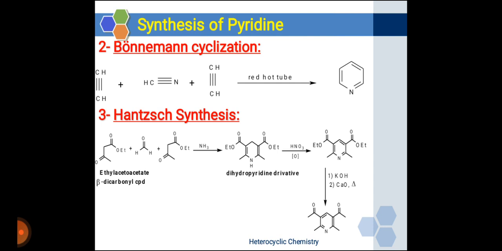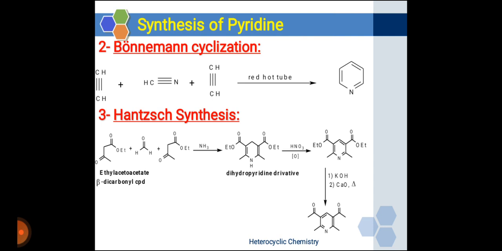Then Hantzsch's synthesis. Hantzsch's synthesis involves ethyl acetoacetate. Two moles of ethyl acetoacetate react with formaldehyde in presence of ammonia to form the dihydropyridine derivative molecules.